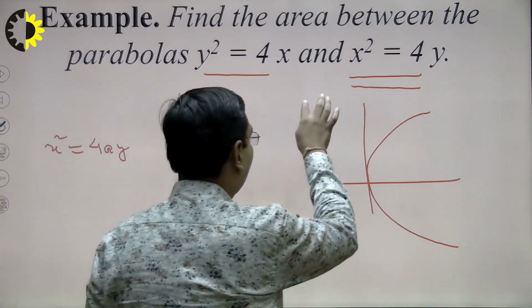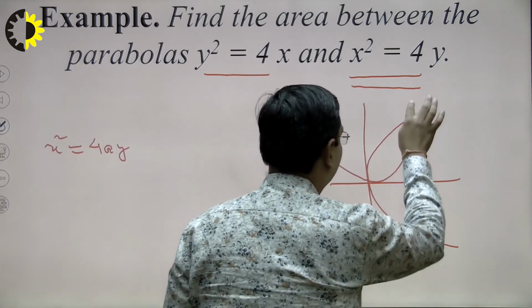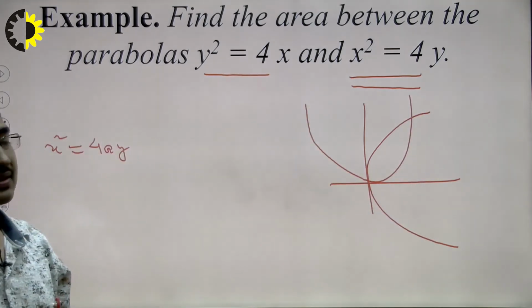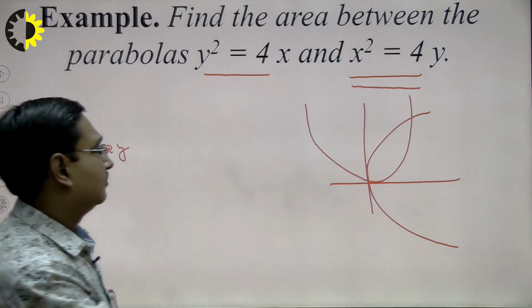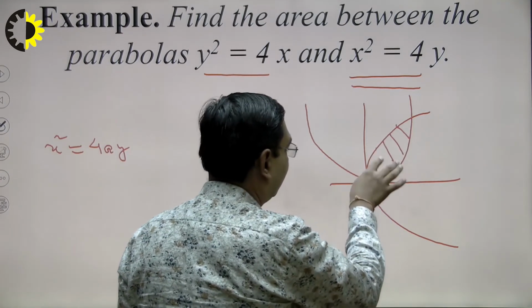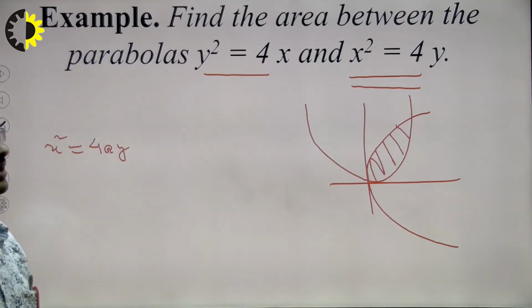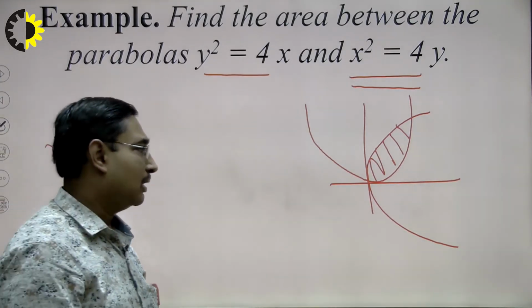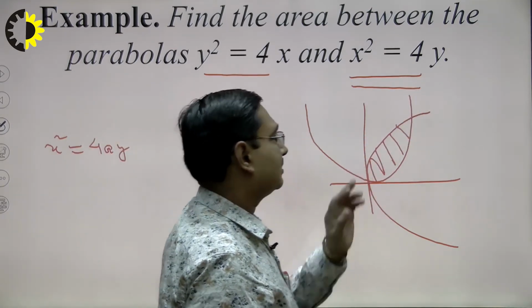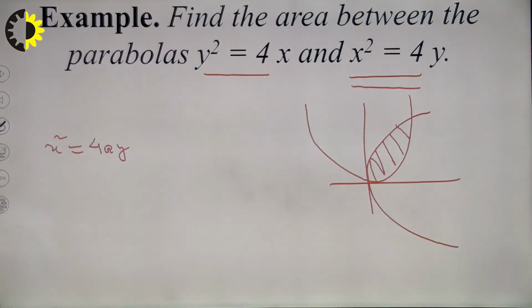This x square equal to 4ay will be looking like this. The shaded area which I have shaded now will be the area between these two parabolas, because it is bounded by this and this parabola. This shaded area is to be calculated.